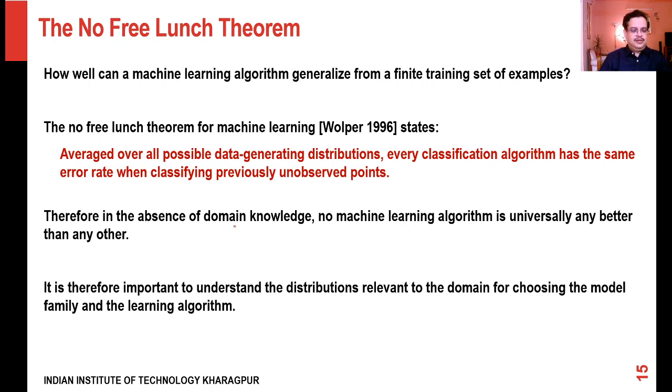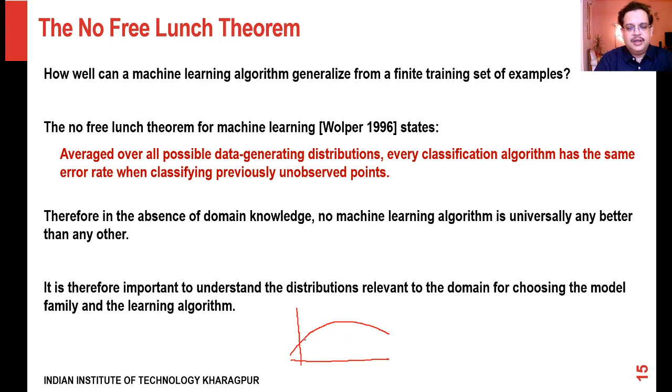And there is a very nice theorem which says that there is no free lunch as far as machine learning is concerned. Now what does the no free lunch theorem tell us? Well, you have learned some function. I do not know what the real function is, but based on the data that I have, I have learned some function, maybe something like this.